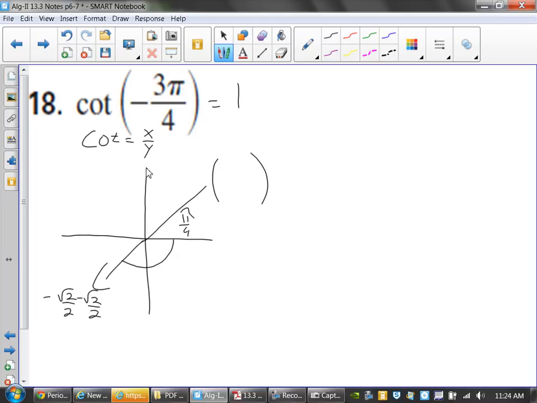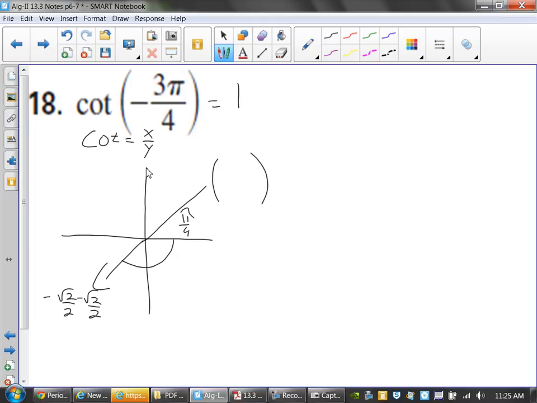Tangent is opposite over adjacent. On the 45, 45, 90, it's 1 over 1, and you picked up on a shortcut. If you're talking about the tangent of a 45-degree angle, it is 1 over 1. It is 1. What we were doing earlier is taking it via the ordered pairs. The cosine of 45 was root 2 over 2. The sine of 45 was root 2 over 2.